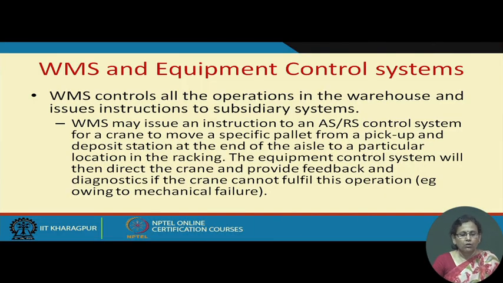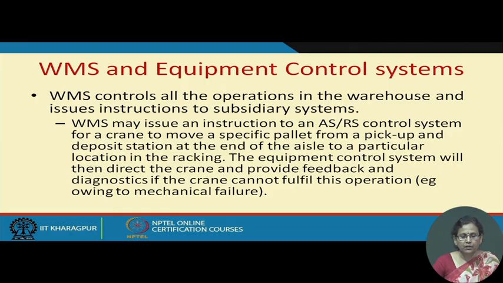So, now how this is connected to the various equipment control systems, we saw that it can be connected to cranes, it can be connected to AGVs and so on. So, there is information flow between the subsidiary system and WMS.